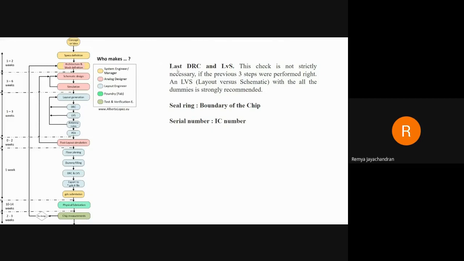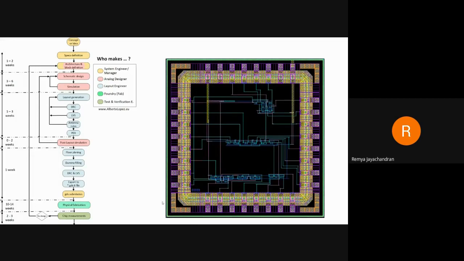Then the last step is the final DRC and the LVS check. And if everything is correct, then you can go for the fabrication. The foundry might have given you the seal ring, that is the boundary for this one.